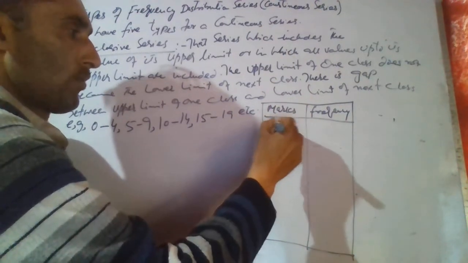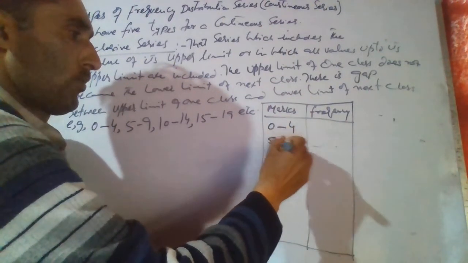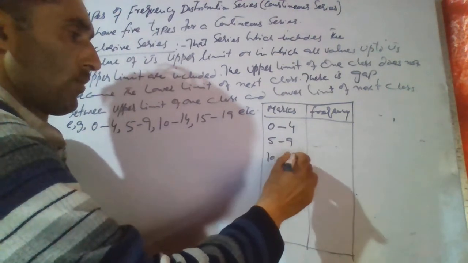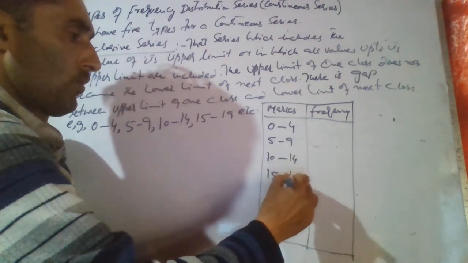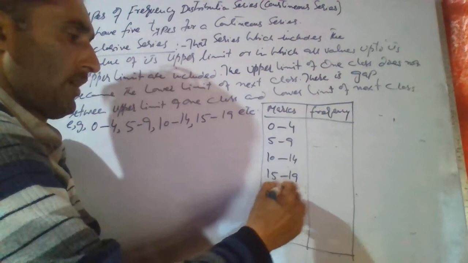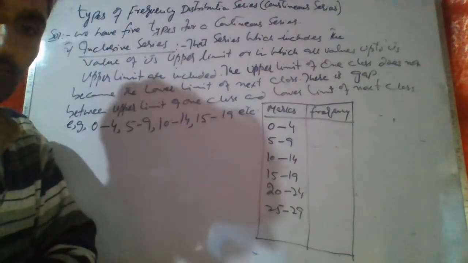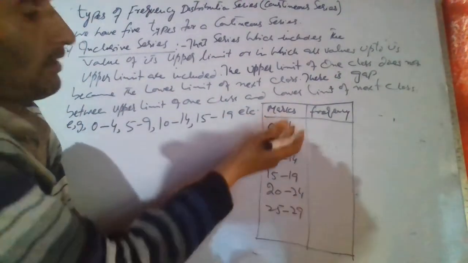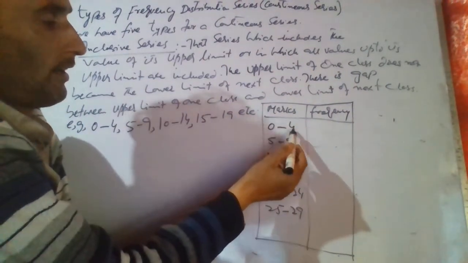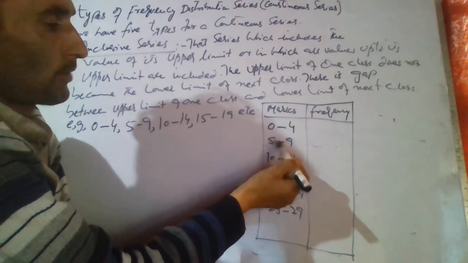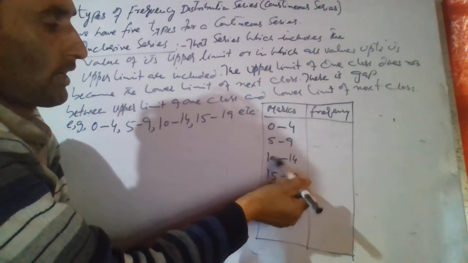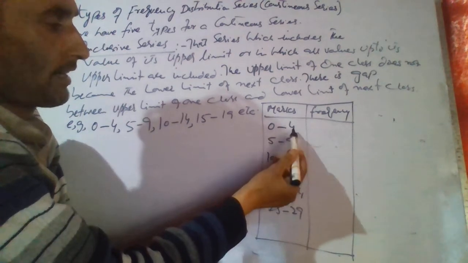For example, we have 0 to 4, 5 to 9, 10 to 14, 15 to 19, 20 to 24, 25 to 29. A series like this, 0 to 4, then the next class becomes 5 to 9, then the next class becomes 10 to 14, is not a continuous form.